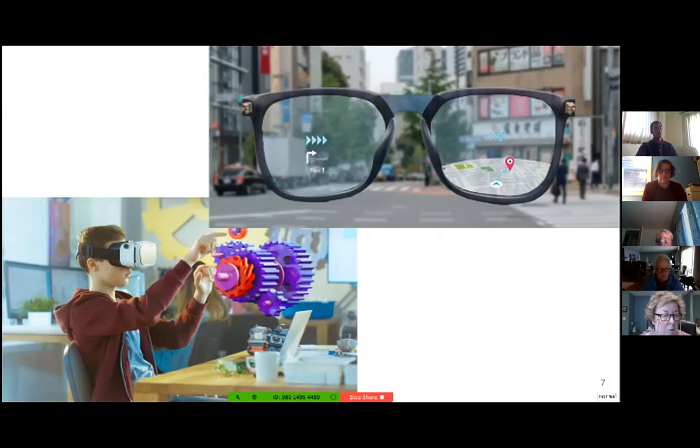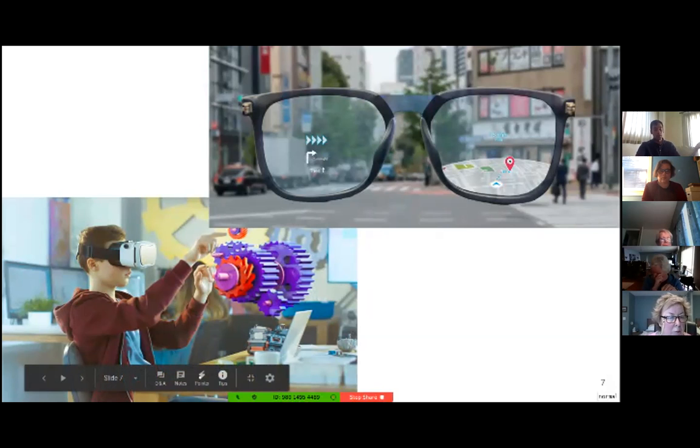The other thing about this domain, besides the fact that it has the most stringent requirements in these 3 areas, is that it's also very well funded because there are so many novel applications. This is a virtual reality application where this student is understanding how some machine works by being immersed in a virtual reality. And this is augmented reality, where it's like Google Maps, but the arrows show up overlaid in real life.